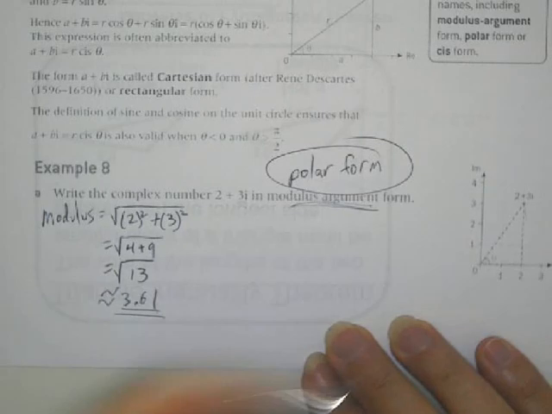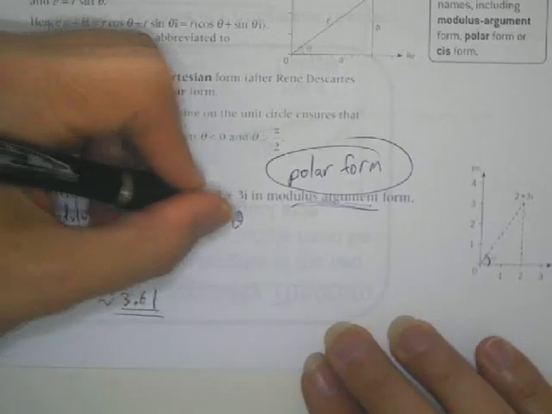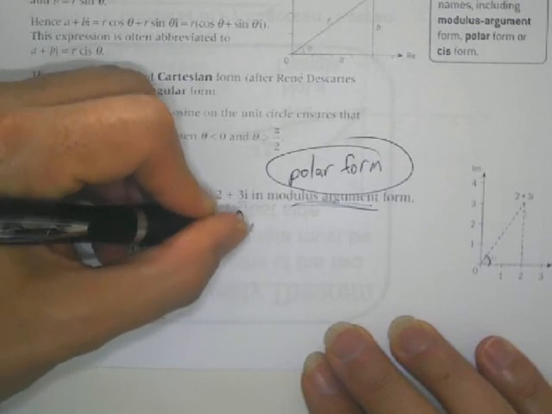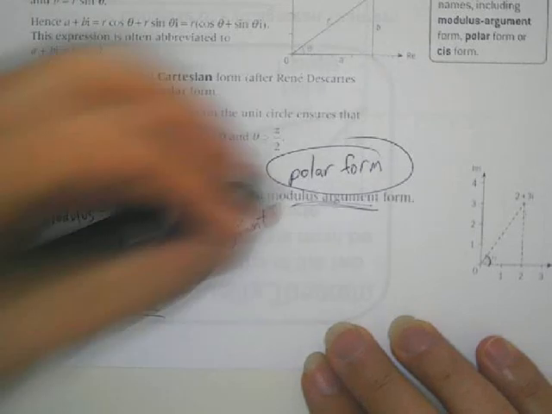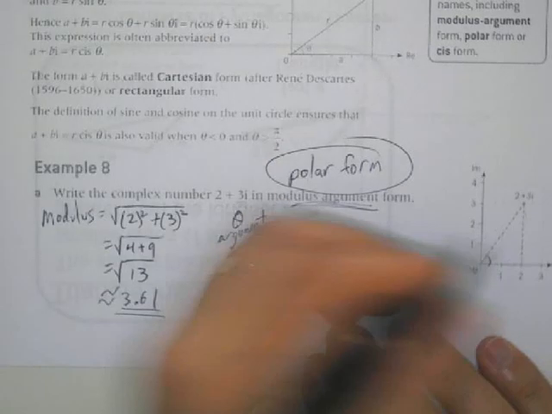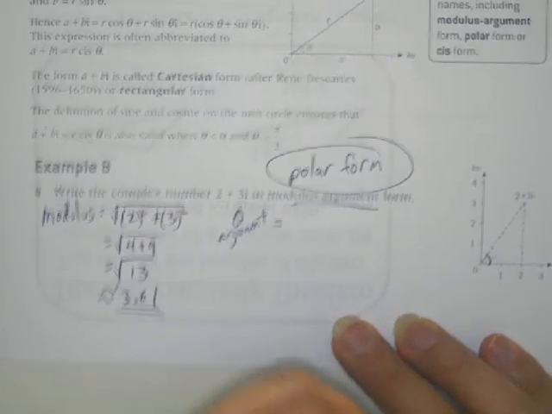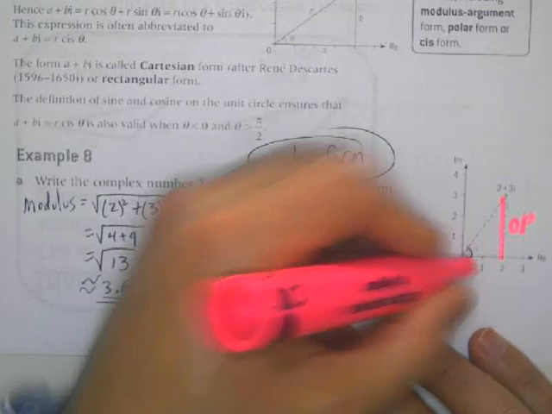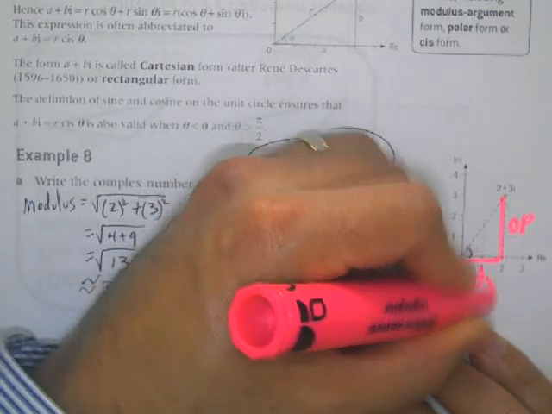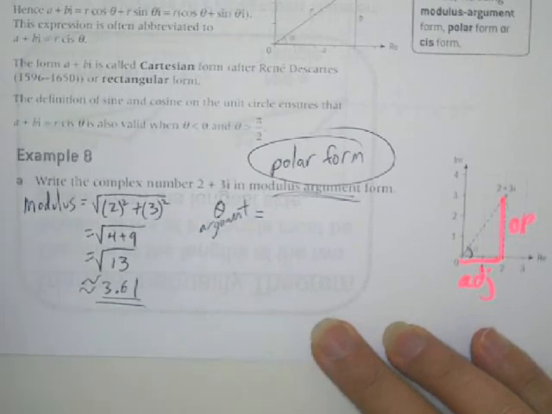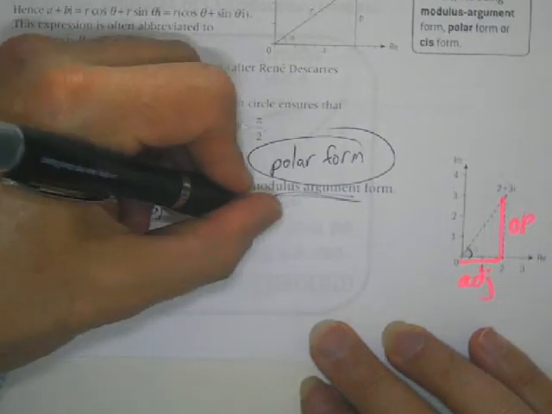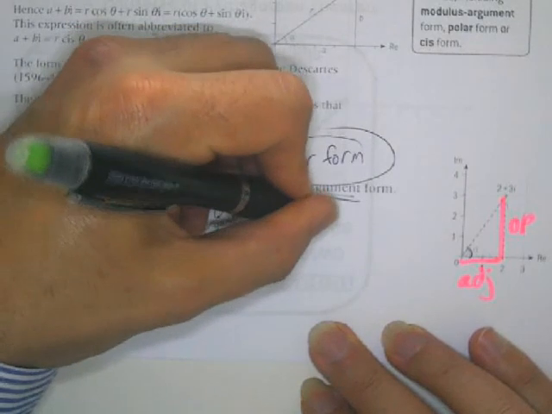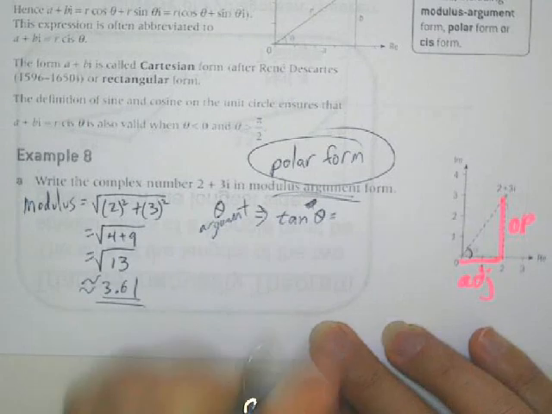To figure out this angle, the argument, we need to recognize that this here is the opposite, and this right here is the adjacent. So, we're going to say tangent of theta equals opposite over adjacent.